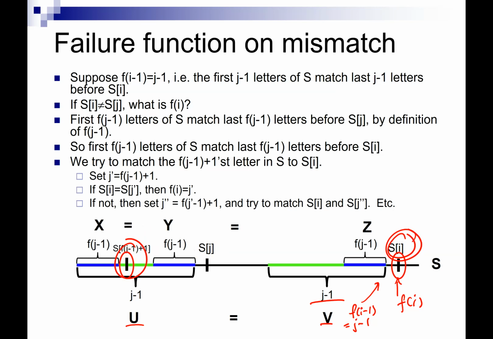And if they match, let's set j prime to be this letter over here. Then we have that f of i equals j prime. Otherwise we're going to continue, we compute f of j prime minus 1 plus 1, and then we're trying to match s of i and s of j double prime.